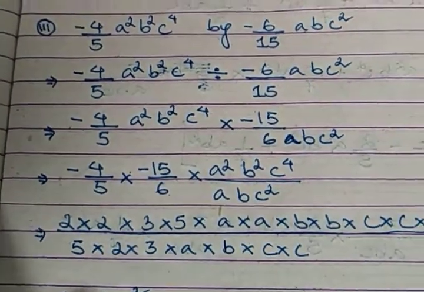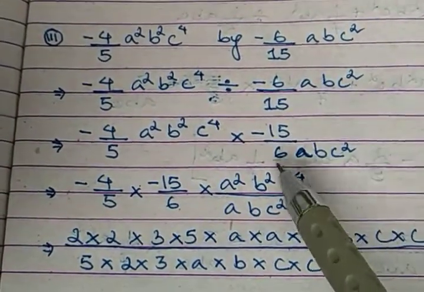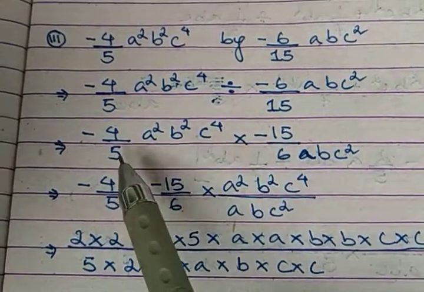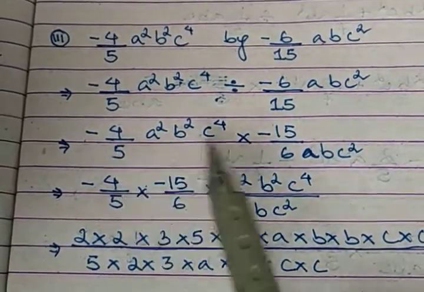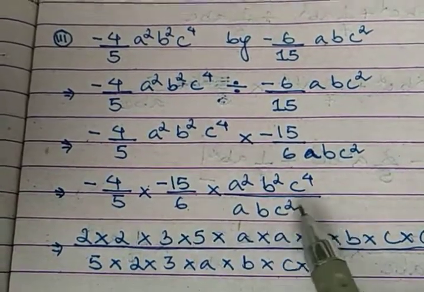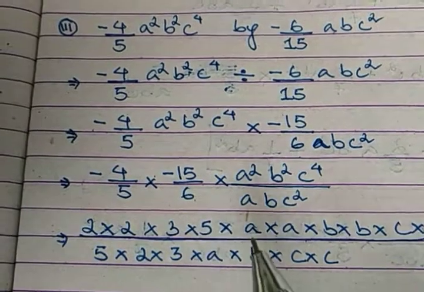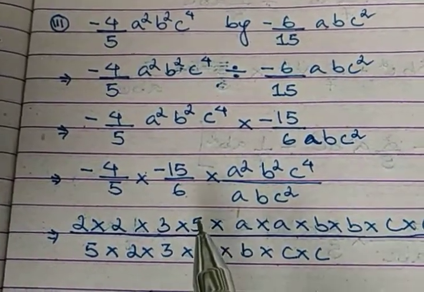Now after this, the question went from division to multiplication, isn't it? We know that in multiplication the constants will be multiplied. So I placed the constant terms first, then the variables afterwards. As I've already said, those who can cancel directly can cancel terms.